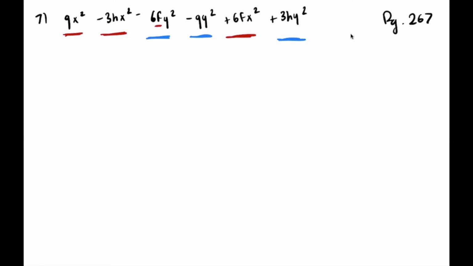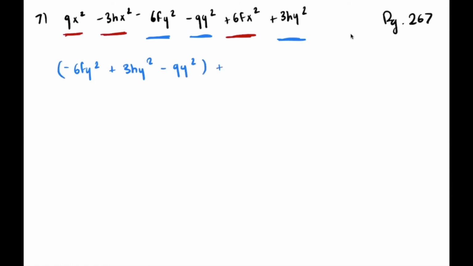You will understand later why we do that. So here, I will start off by writing, in blue, negative 6fy squared, then 3hy squared, and finally gy squared. This is the first group, okay?